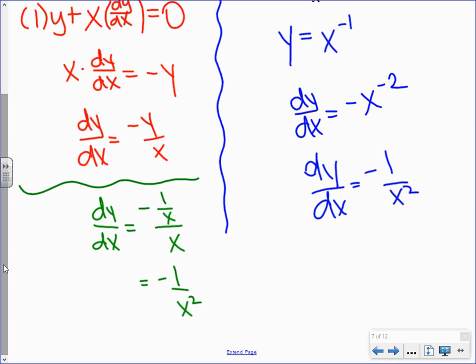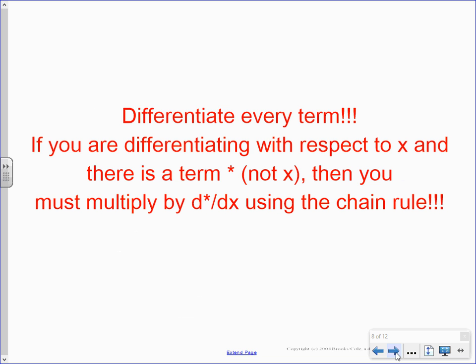The biggest thing with implicit differentiation that we need to keep in mind is that we have to differentiate every single term. If you are differentiating with respect to x, and there is a term that is not x, then you have to use the chain rule on that term. For the most part, we're going to see y.